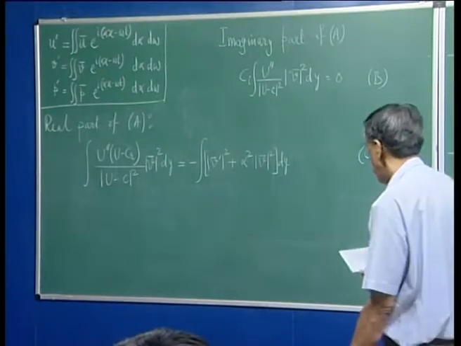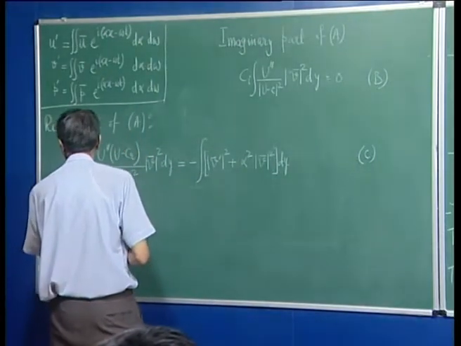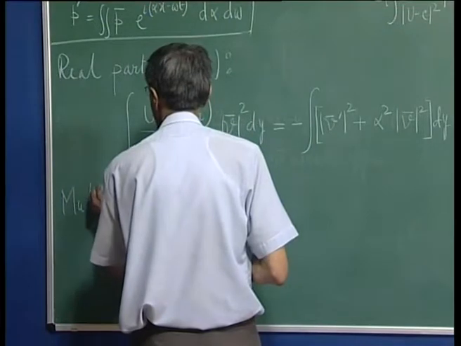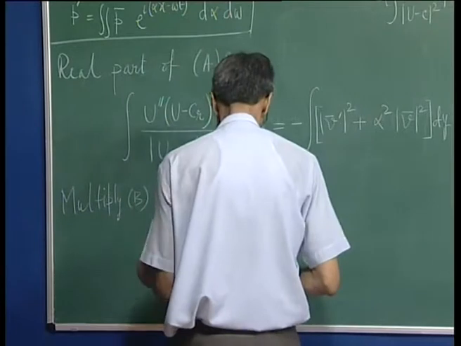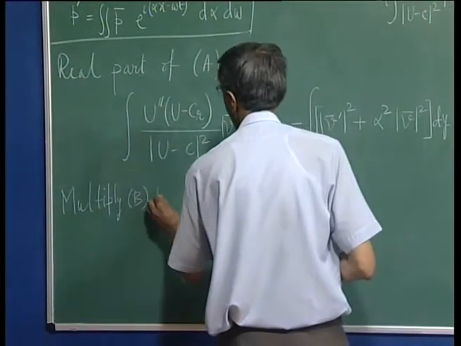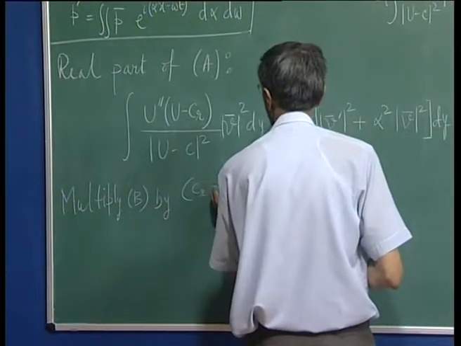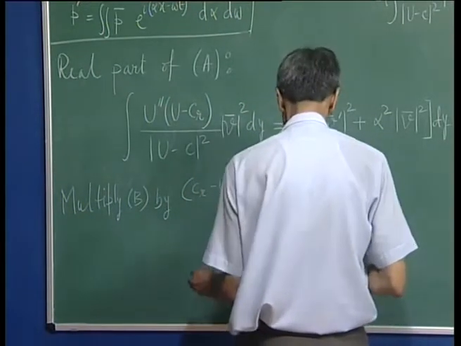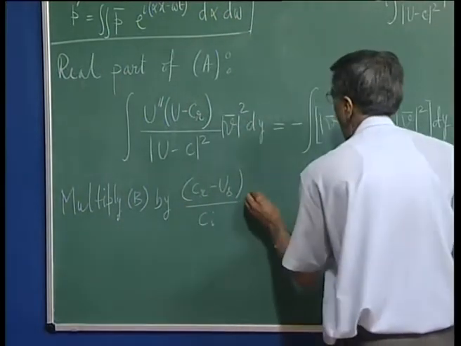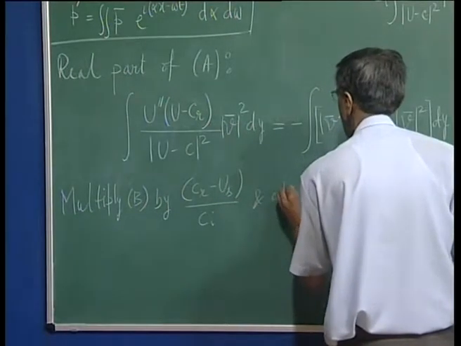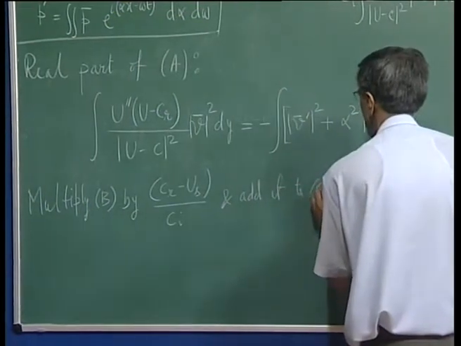Now, I will do a little bit of manipulation, nothing great. We will multiply B by (c r minus u s) divided by c i, and the resulting expression we will add to equation C.